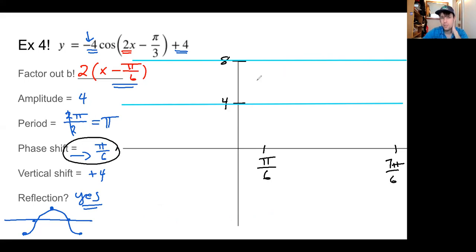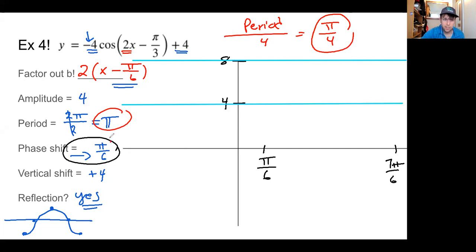Usually what we want to do, unless it doesn't work great for us, is take our period and divide by 4. That's pi divided by 4, pi over 4. That would be a decent scaling for us to use just based on the period, because that automatically cuts our period up into 4 increments for us, and we're good to go. Unfortunately, pi over 4 and pi over 6 are not very compatible.